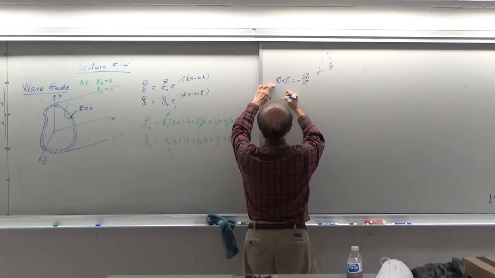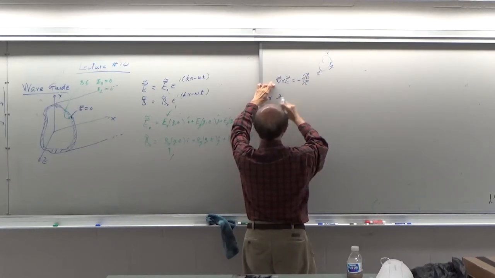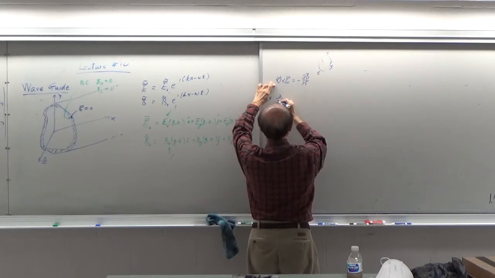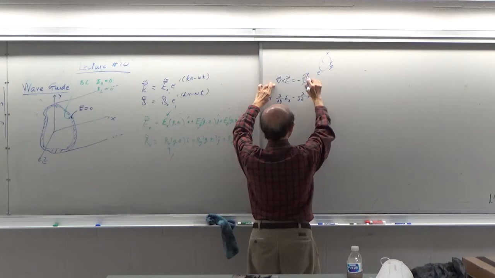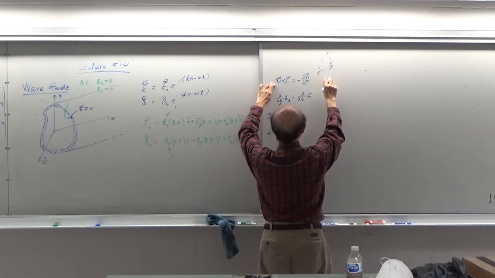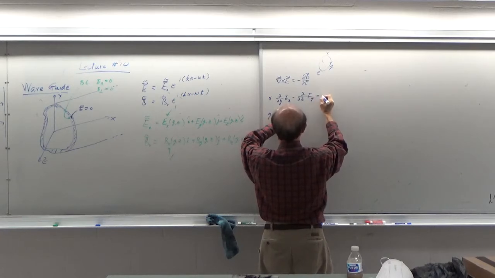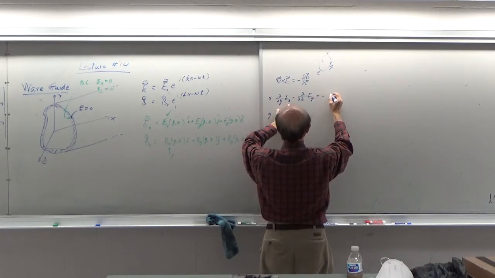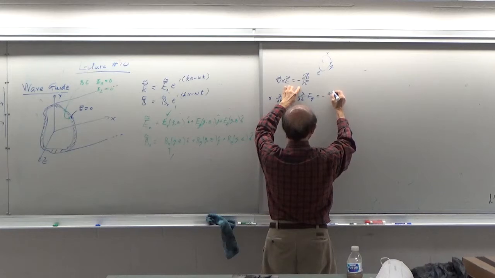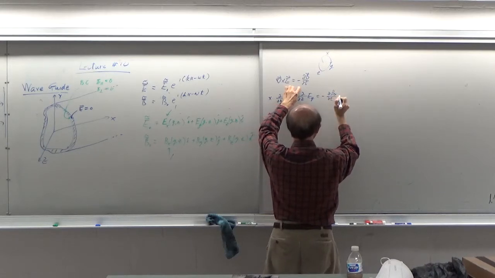So this one will be del by del y, E z, minus del by del z, E y. And that's equal to minus the x component, del Bx by del t.